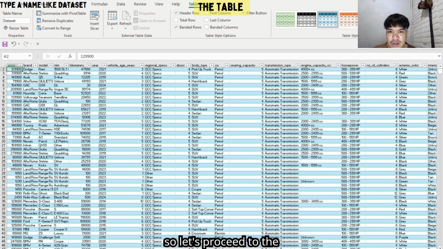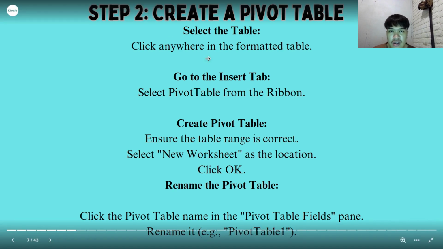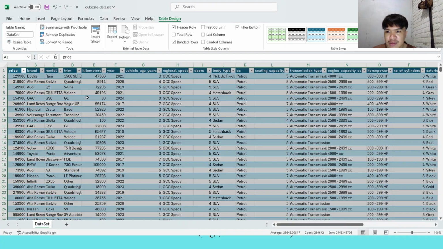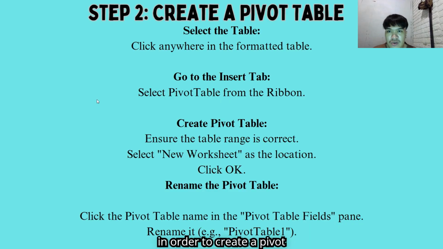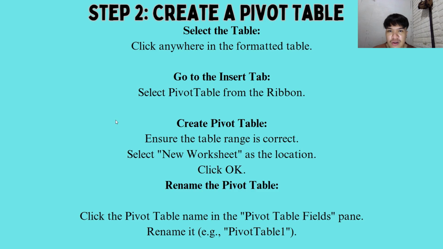So let's proceed to the next, which is step 2, create a pivot table. To do that, we will need to select the table. In order to create a pivot table, we click anywhere in the formatted table. So let's do that, anywhere here, I clicked.